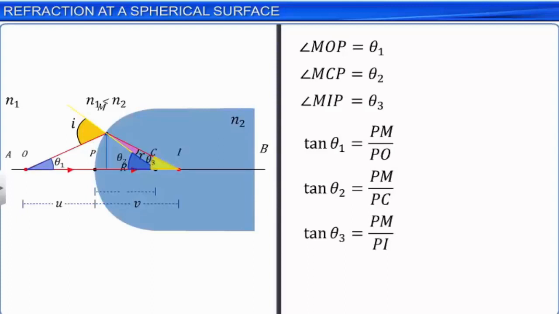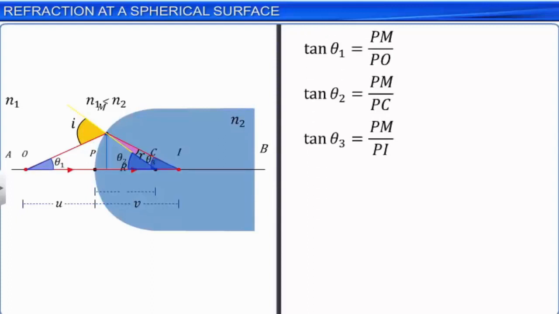For the triangle MOC, i is the exterior angle and is equal to the sum of the two interior angles theta 1 and theta 2. This can be written as i is equal to PM by PO plus PM by PC. Let this be equation 1.